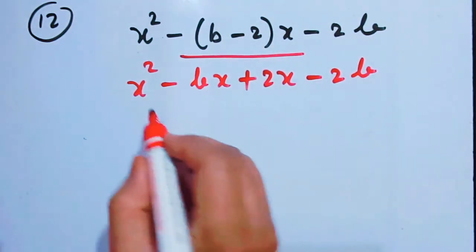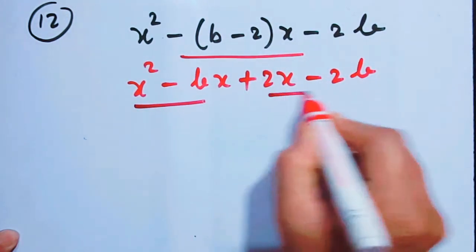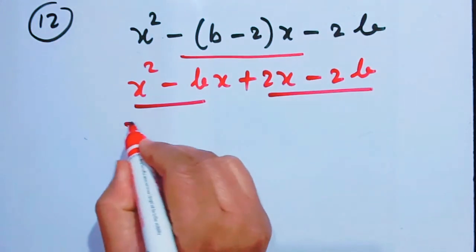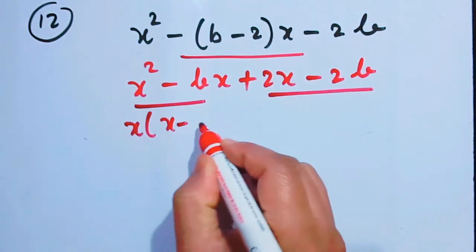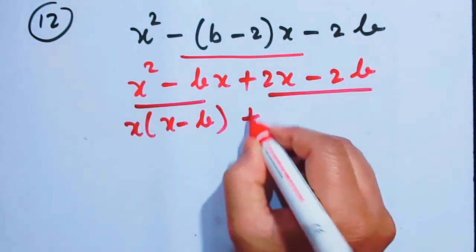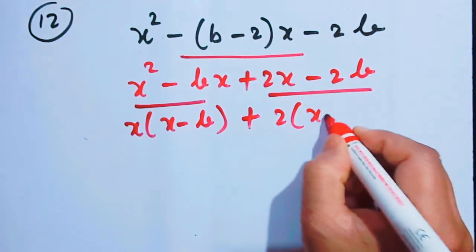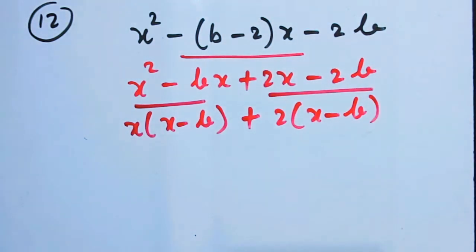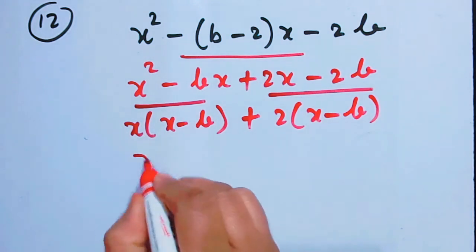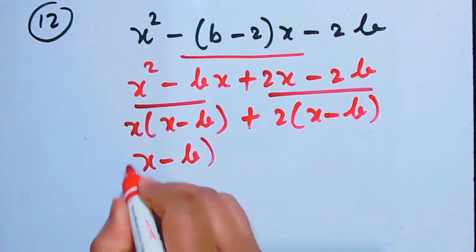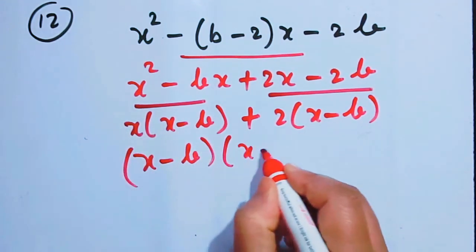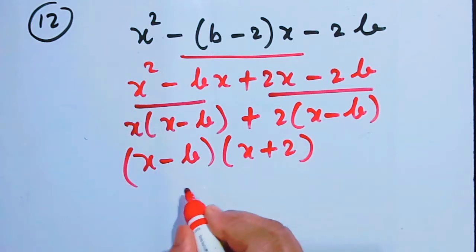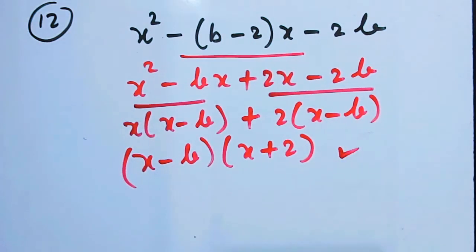Now let us see, if we take out common from these two groups, we'll get x minus b plus 2 times x minus b. Now x minus b is common, so on taking out common, we'll get x plus 2 as your final factorized form.